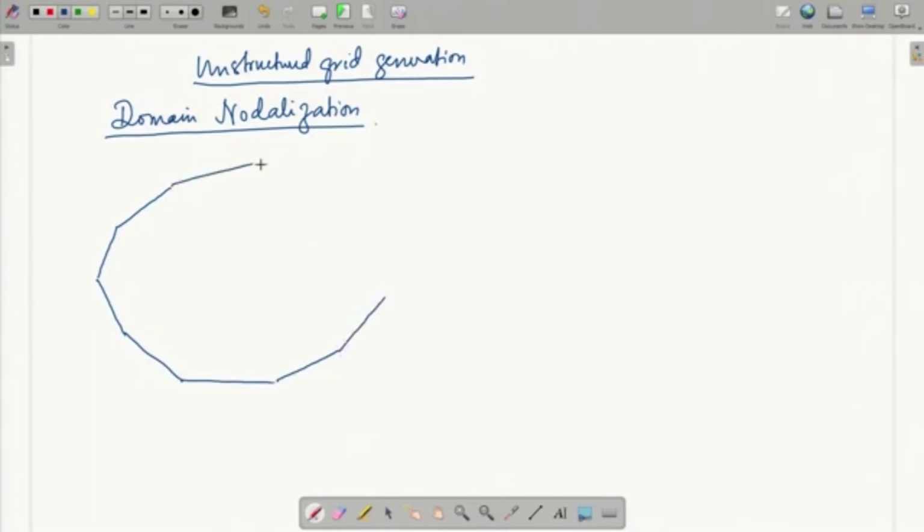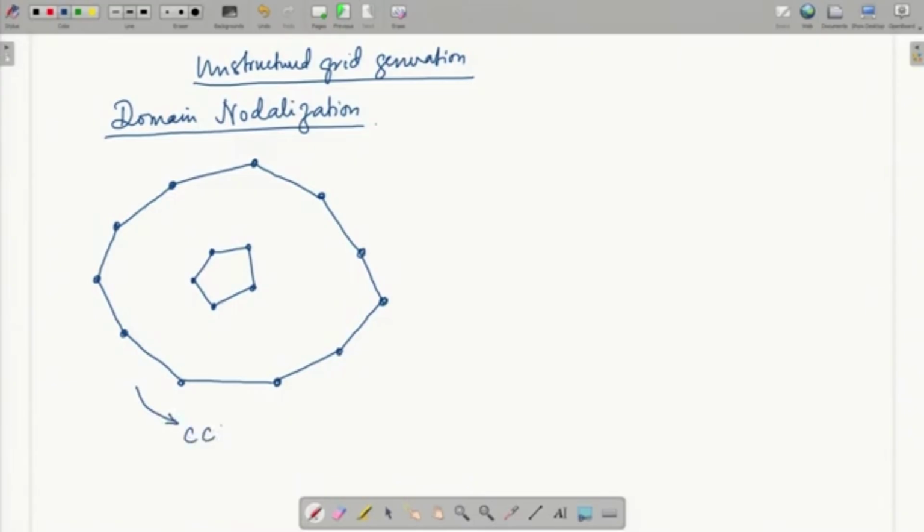As you can understand, these are edges of the domain, and these are nodal points, simply nodes. And you have an inner surface also with nodes.